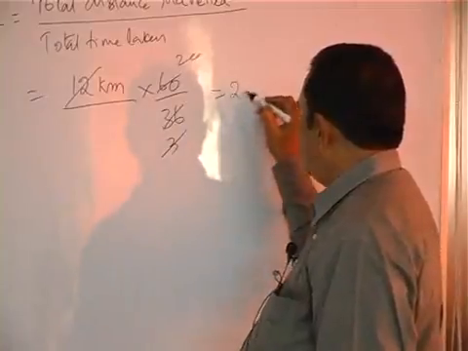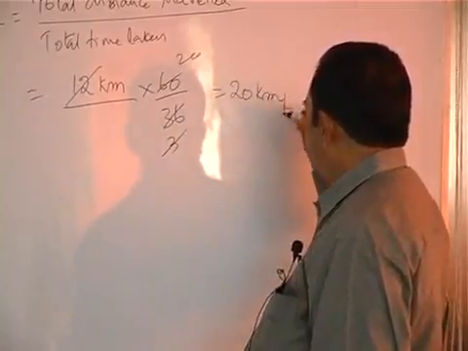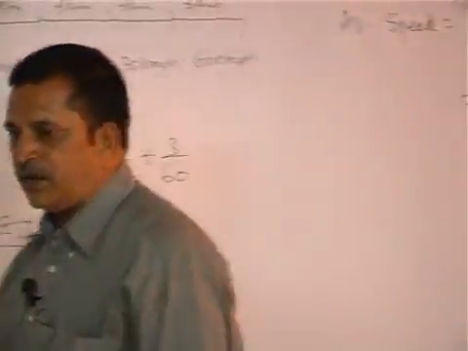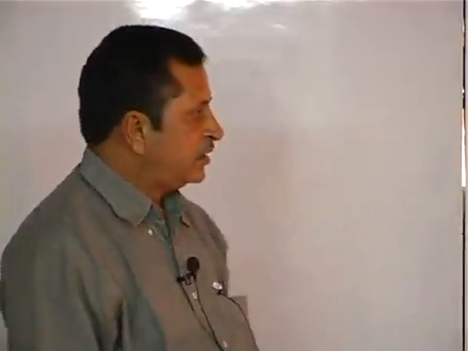So average speed of the car is 20 kilometers per hour. Right? Average speed is equal to 20 kmph.